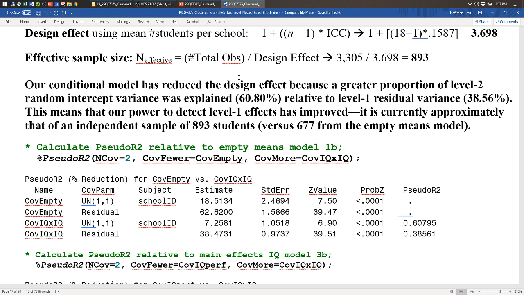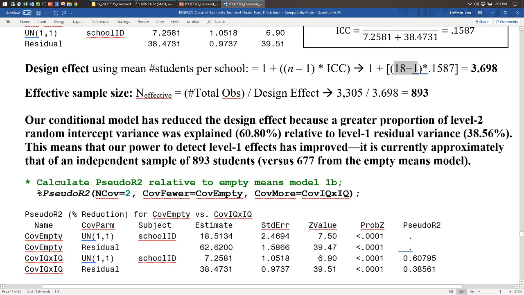So we did better at level 2 than we did at level 1. The conditional intraclass correlation is lower than the unconditional. What that translates to is less of a problem of our cluster data, a smaller design effect.